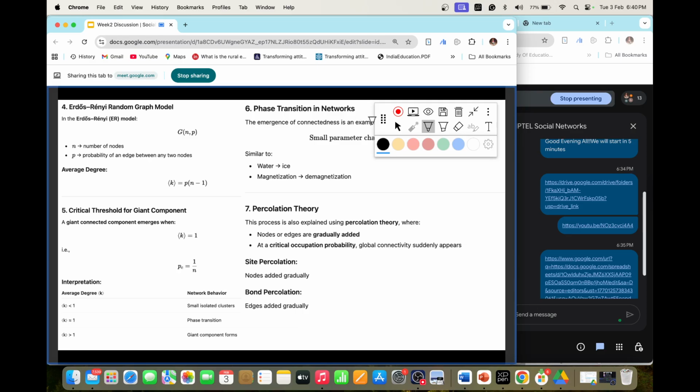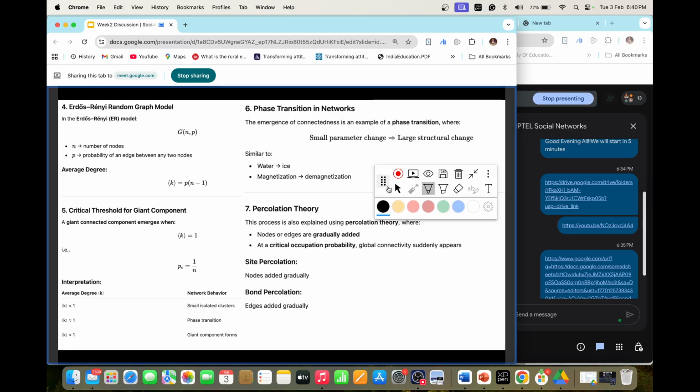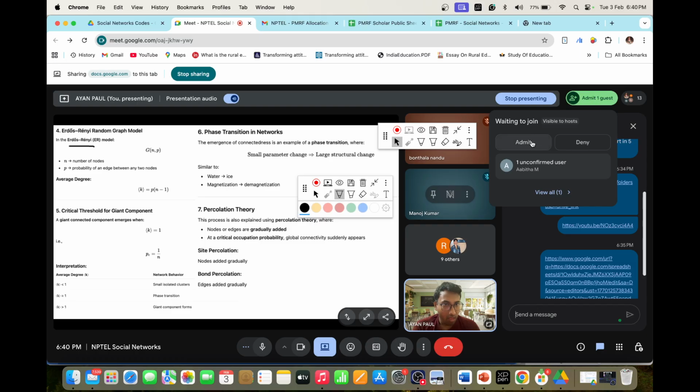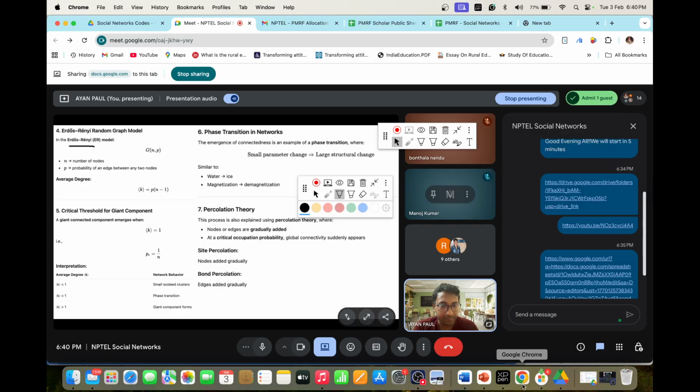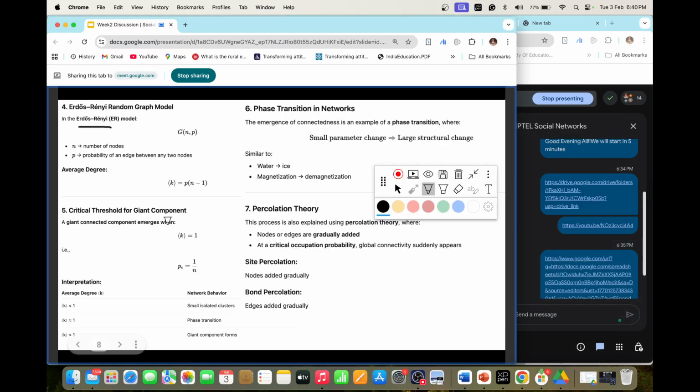And then there is a graph model called the Erdos Renyi ER model. Here n is the number of nodes, p is the probability of an edge between two nodes.